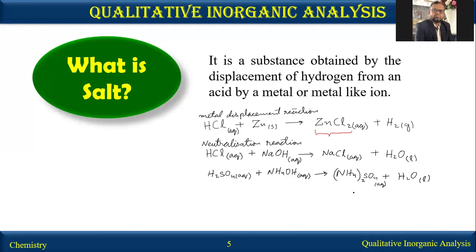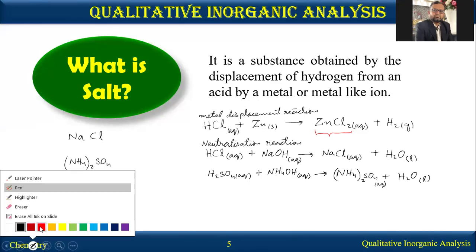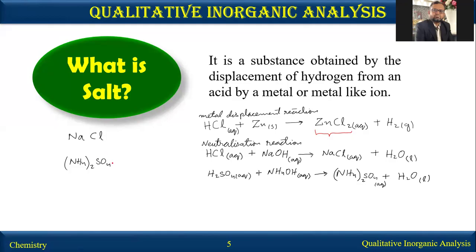Okay, now see one more thing. In both the salts, in sodium chloride, in ammonium sulfate, if you notice, these are the negative ions, sulfate, and this chloride is also a negative ion.